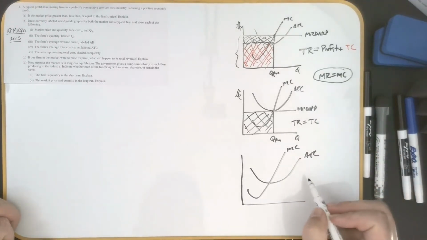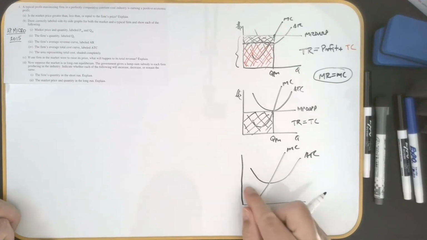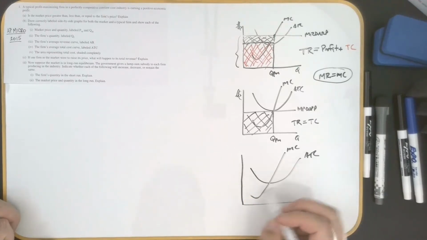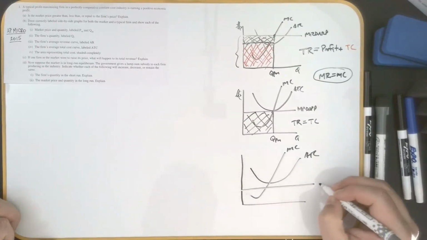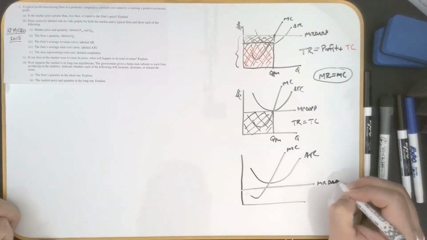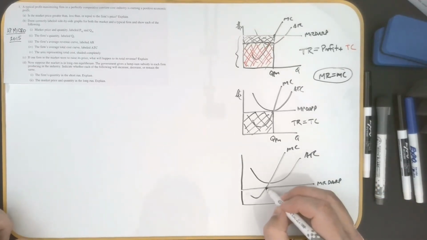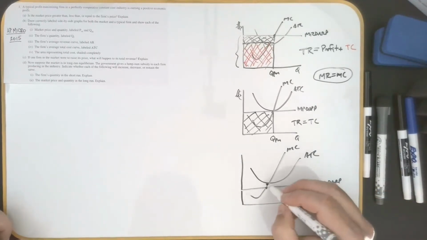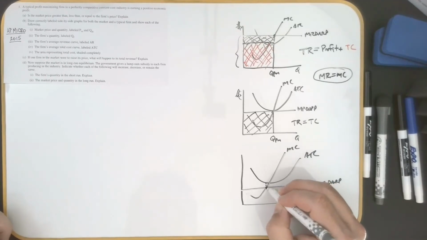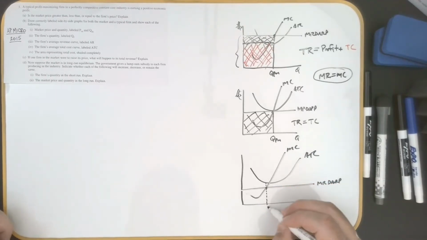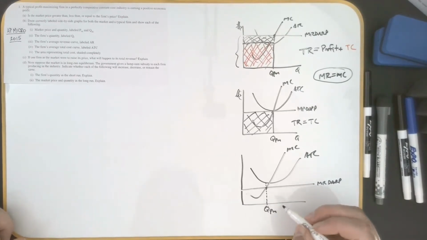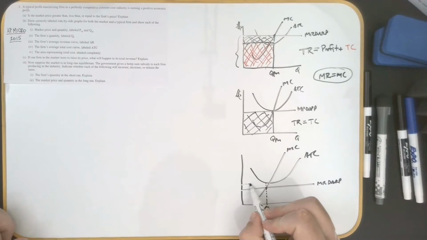You just say, well, MR is low, it's going to be lower than this here, so I'm going to draw it way down here. And low MR is below our ATC, but MR equals MC is still right here. And so that's important that this becomes my profit maximization, but it's also loss minimizing. So I'm there, and then my costs would be right here.